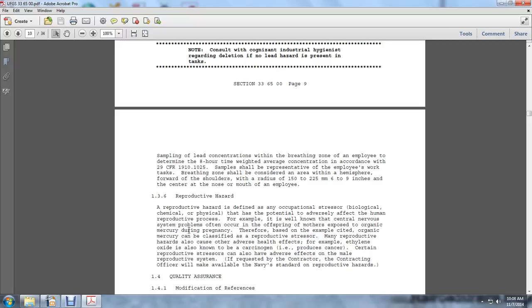Many reproductive hazards can also cause other adverse health effects. For example, ethylene oxide is known as a carcinogen and produces cancer. Certain reproductive stressors can also adversely affect the male reproductive system. If requested, the contractor or the contracting officer will make available the Navy standards on reproductive hazards.